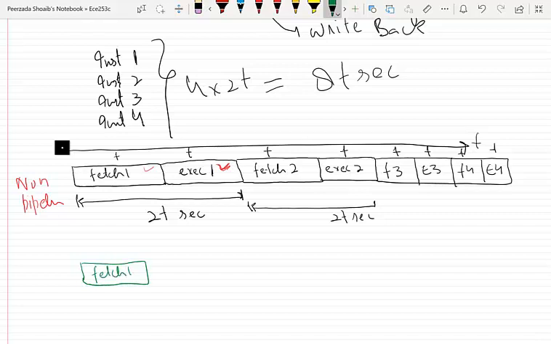Fetch 1, and then it will take t seconds, of course. Then in the next t seconds we are doing execution of this first instruction, but at the same time, since we have a separate code memory, we are fetching the next instruction.